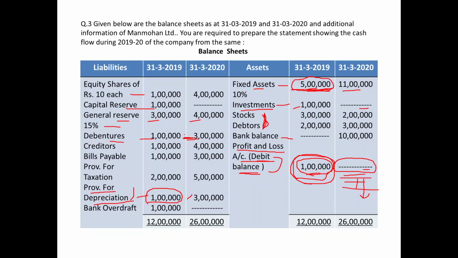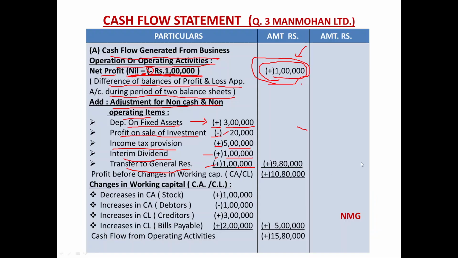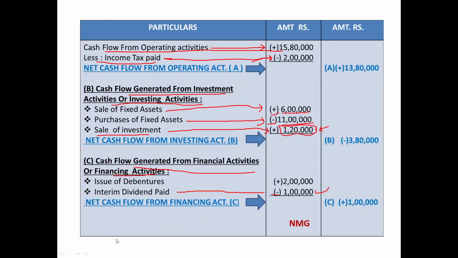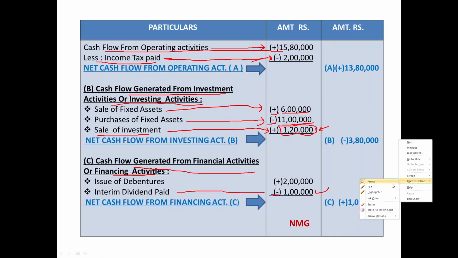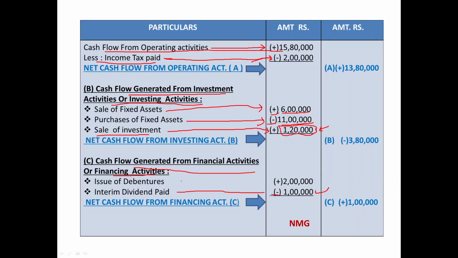So a further issue has been made in the current year for debenture. So bank debit to debentures credit, it indicates cash inflow, and it should be reported under title C, issue of debentures. Have a look under title C, issue of debentures plus rupees 2 lakh.